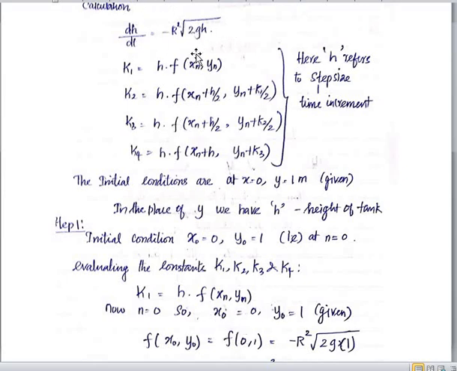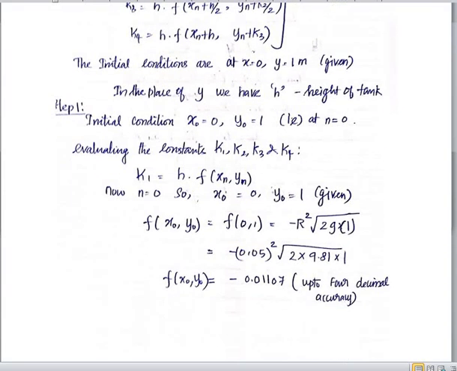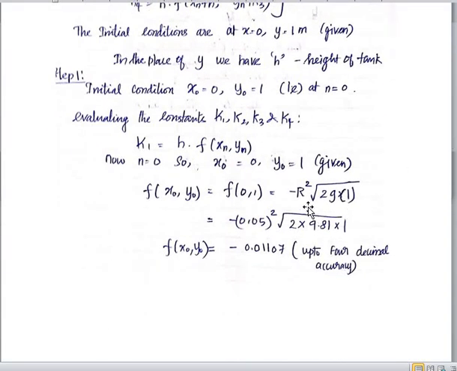It doesn't change anything in my function. So here I have written minus r squared multiplied by root of 2g multiplied by 1, because 1 is nothing but the y0 value. So that's what I have written, and r squared value is given in the problem.